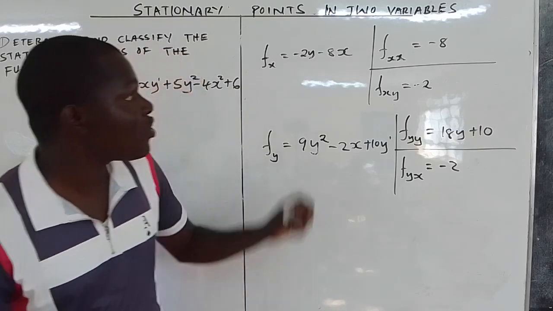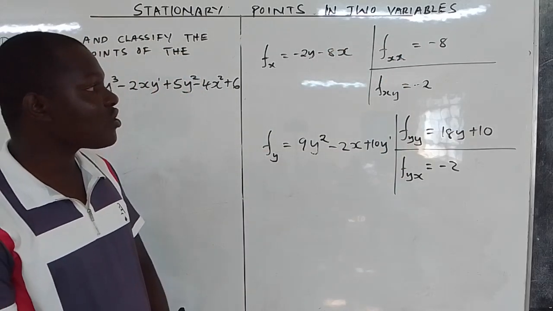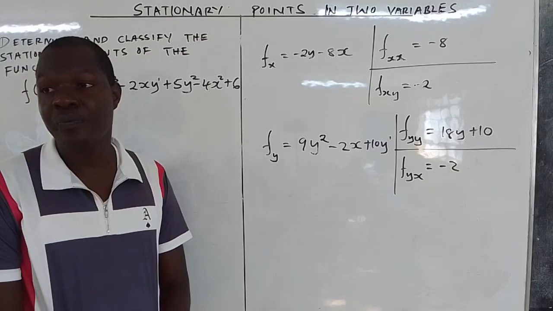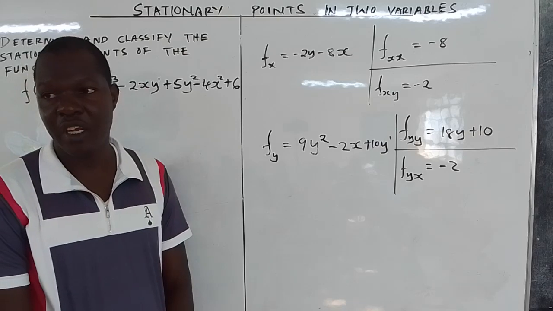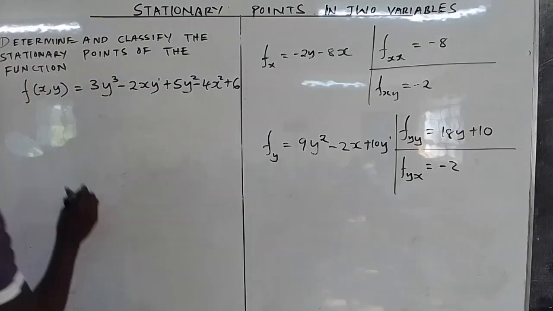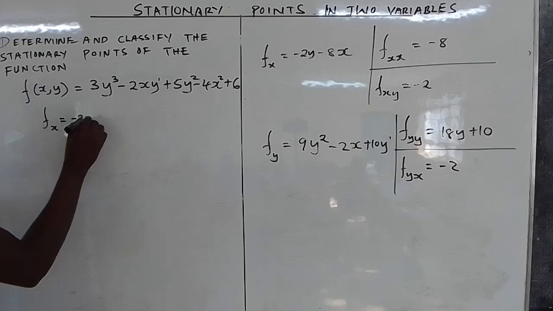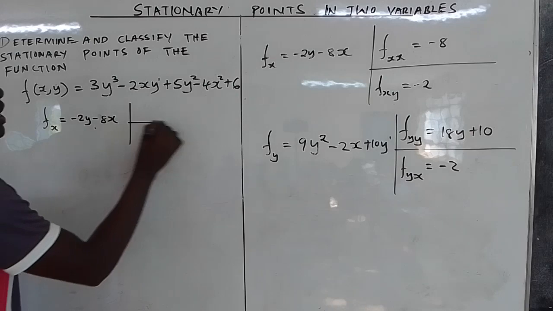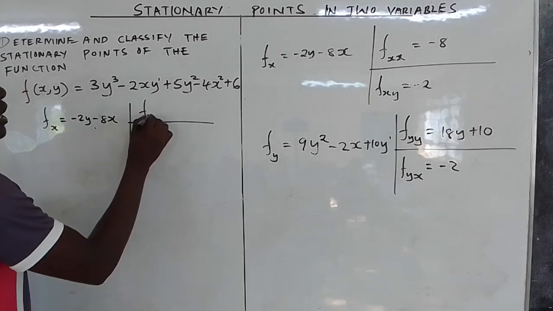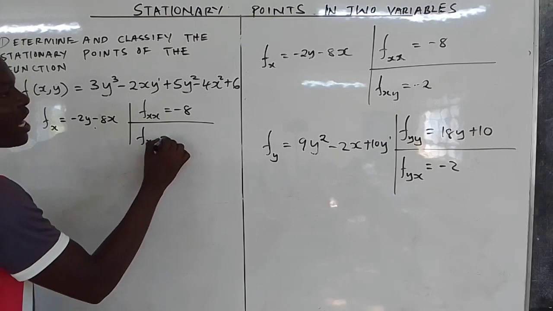Now, after you found these 6 partial derivatives, they are now helping you to get what? The stationary points, isn't it? So here, the first one we found, if we differentiated it partially with respect to x, we found minus 2y minus 8x, and if you differentiated that, you got negative 8. If you did that, you got negative 2.